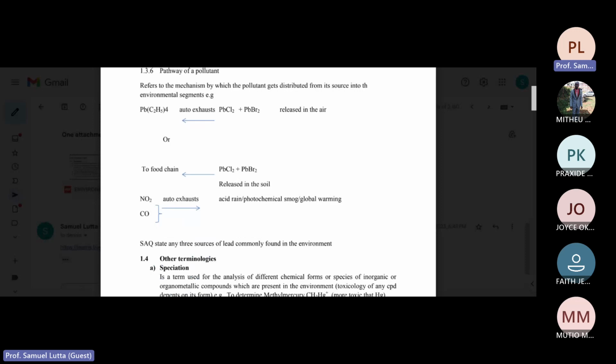Again, we said the fossil fuel contains some nitrogen dioxide because it's actually formed from fossils, dead living organisms. Once they die, they decompose and generate this kind of fuel. So because they are made up of proteins, they contain also nitrogen.